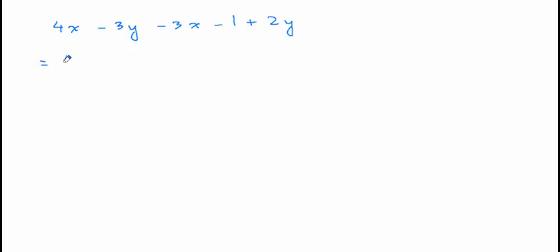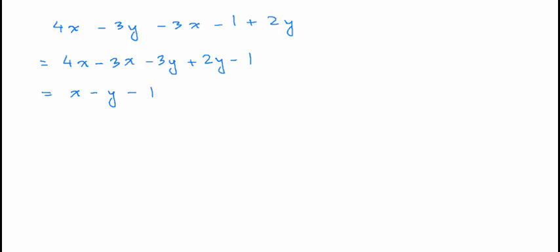So we are going to rewrite this as 4x minus 3x, the x's together, minus 3y plus 2y, and finally the constant term, which is negative 1. 4x minus 3x is 1x, that can be written down as x, and minus 3y plus 2y is a negative 1y. Therefore, we just write that down as minus y, minus 1.